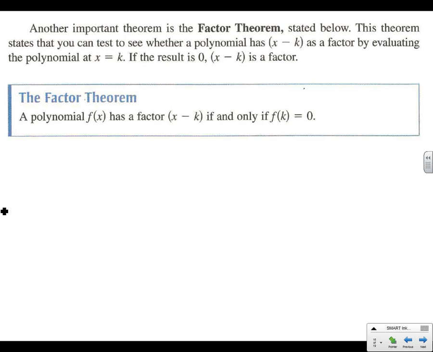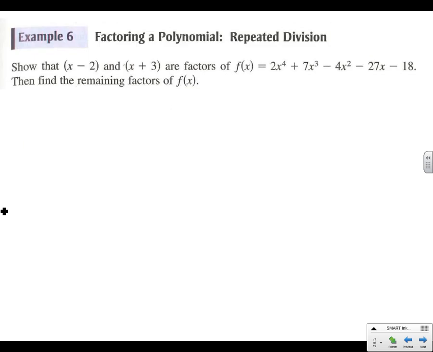All right, so the factor theorem says that you have a factor if the remainder equals 0. This is really helpful for testing whether a 0 is a factor of the original polynomial. We're going to test to see if x minus 2 and x plus 3 are factors of this big original polynomial. So let's do this.